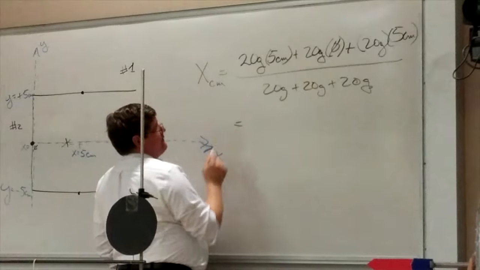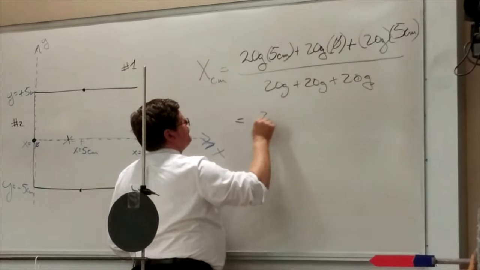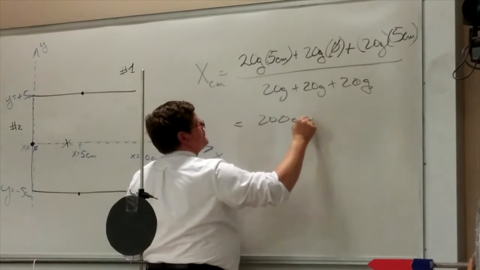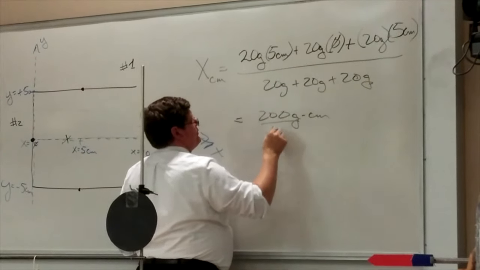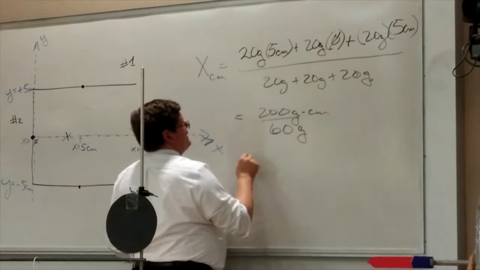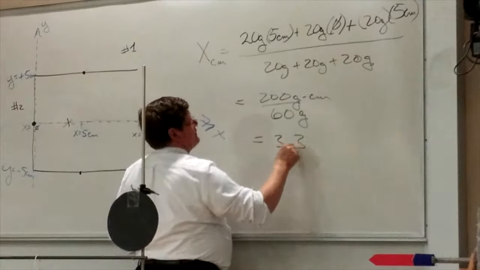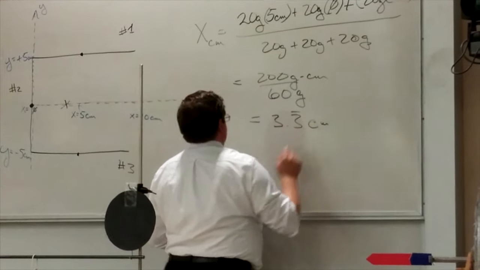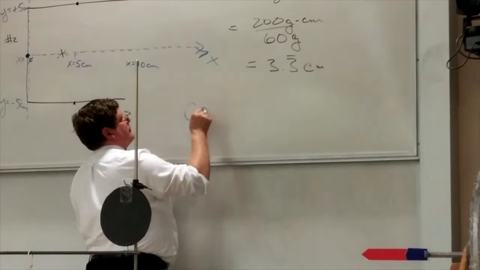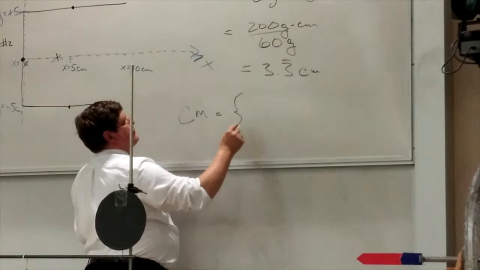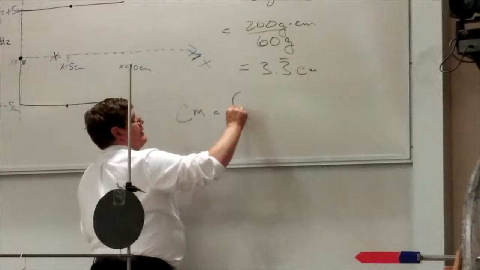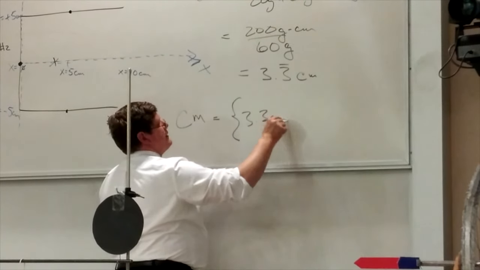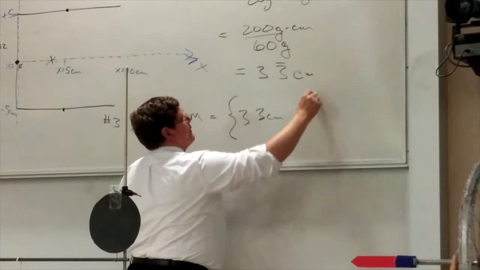And that's going to give me 200 gram centimeters over 60 grams, and that's going to be 3.3 centimeters. So the center of mass would be at x equals 3.3 centimeters and y equals 0.